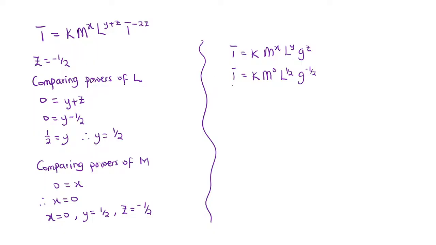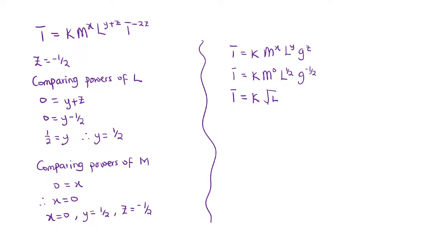All right, so what we have over here is now going to be written like this. We have T is equal to k, m raised to the power 0 is 1, so it is out. Then l raised to the power half is root l.